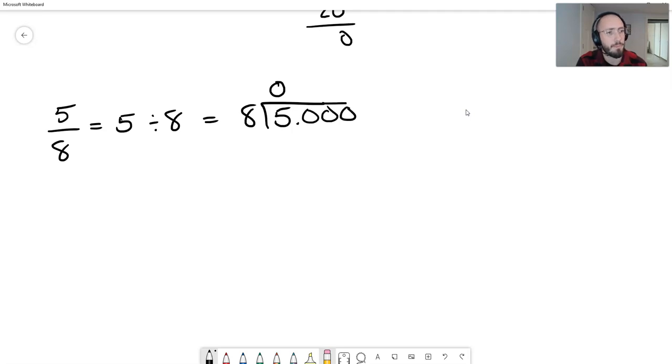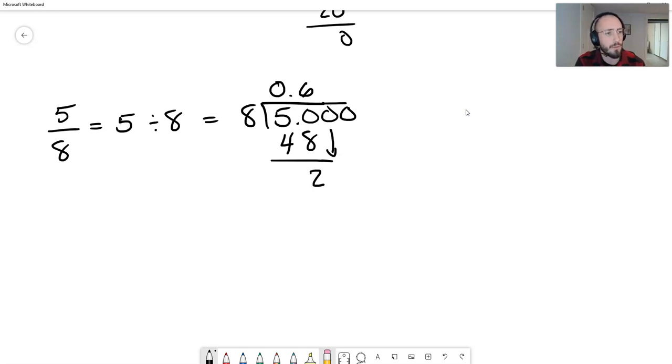The decimal point will go directly above the decimal point in the dividend. So 8 does not go into 5, but it does go into 50. In fact, it goes into 50 6 times. 6 times 8 is 48. 50 minus 48 is 2.